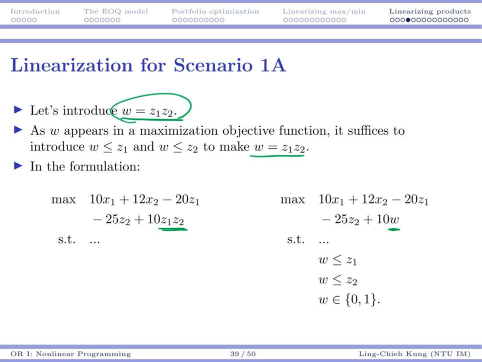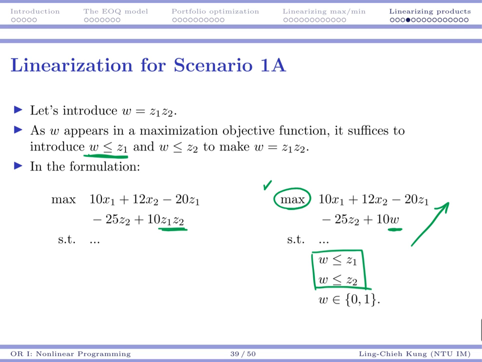Now we play the same trick as when we talked about the maximum and minimum. Take a look at this. We all know that W appears in a maximum function. So the objective is going to push W to be as large as possible. So how about this? I'm going to say W is upper bounded by Z1, and W is upper bounded by Z2.